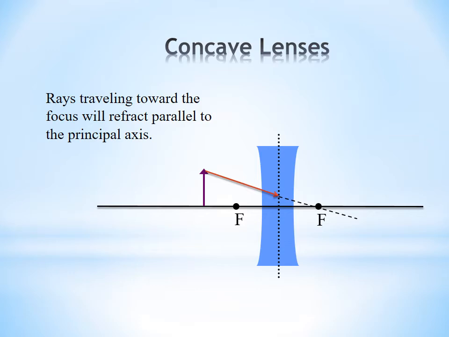So firstly we will draw the incident ray and its extension. After that this ray will refract. When it refracts, it will refract parallel to the principal axis this way. After that we will draw the extension of the refracted ray. So this ray has two extensions: first, the extension of the incident ray, second, the extension of the refracted ray.